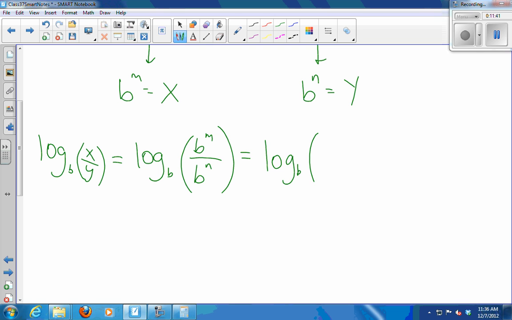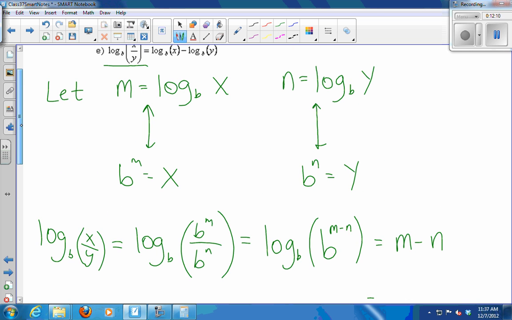How do I simplify what's in parentheses there? Yep, b to the m minus n. The law of exponents says that when you're dividing like bases, subtract the exponents. And then now my bases match, I can just lift off and I get m minus n. But m, if you remember, scroll up a little bit, is log base b of x.